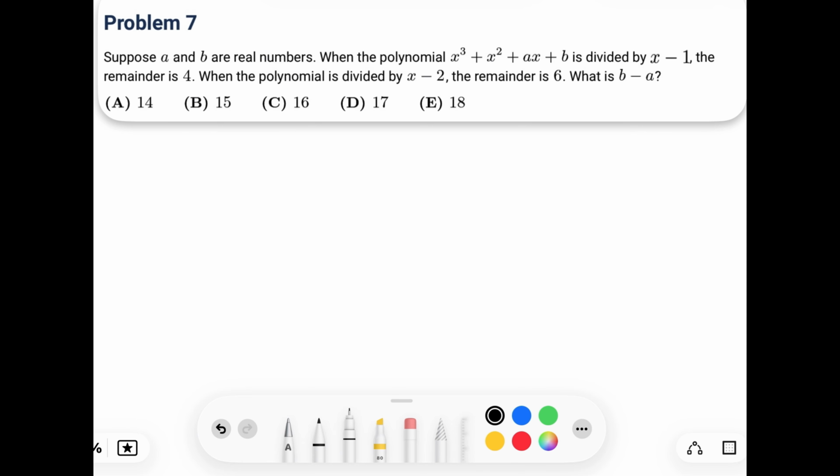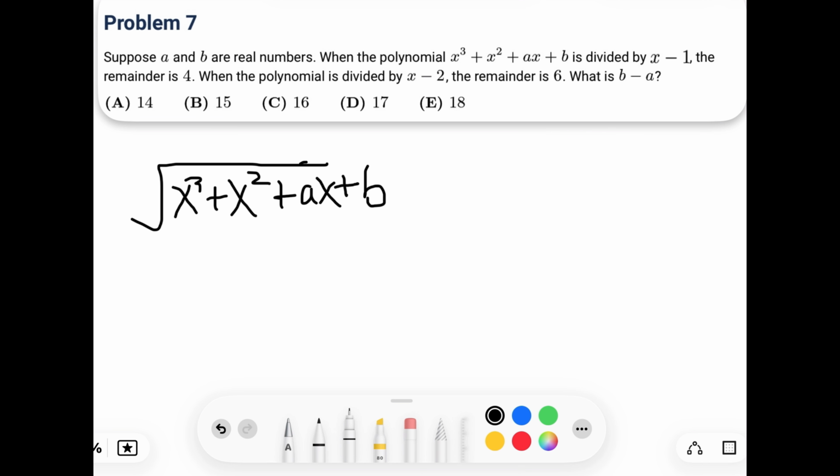So we have x cubed plus x squared plus ax plus b. Now here you can use synthetic division, but here we will just use long division since more people understand it.